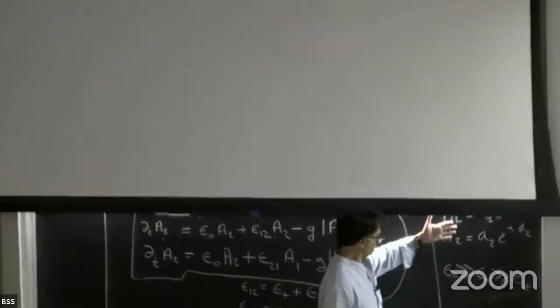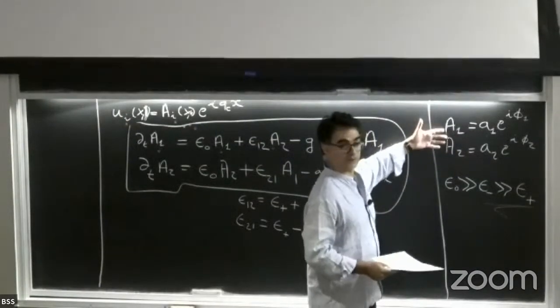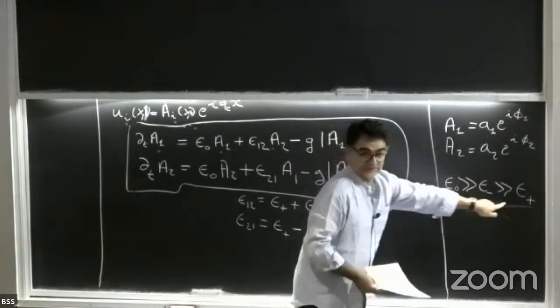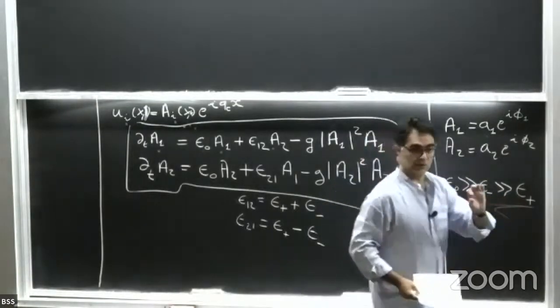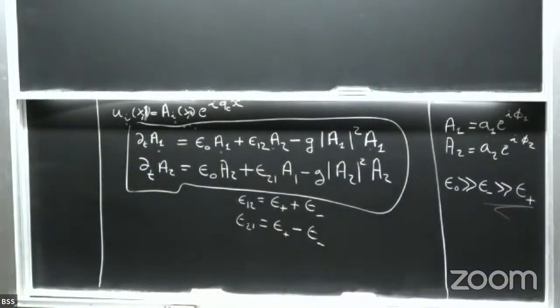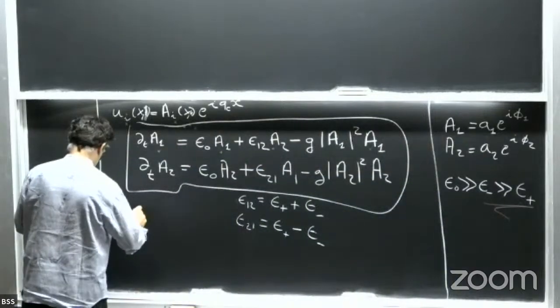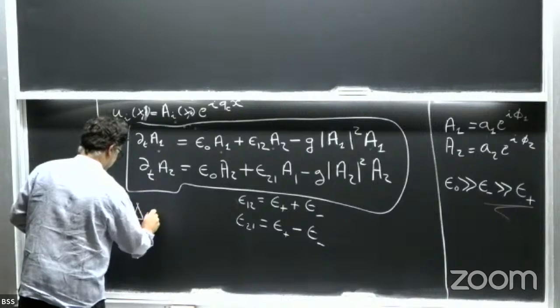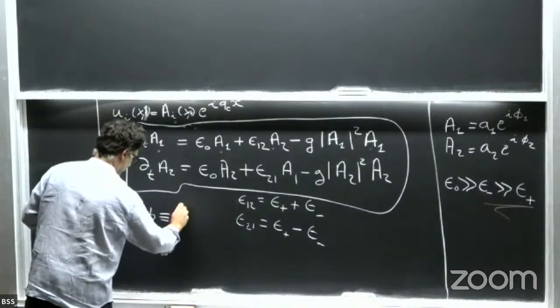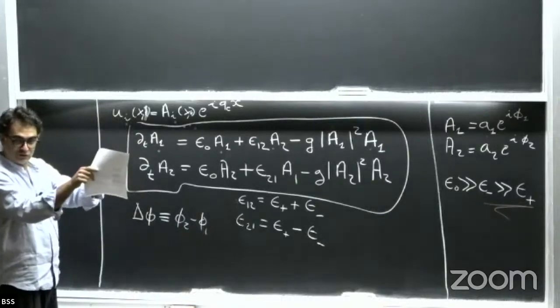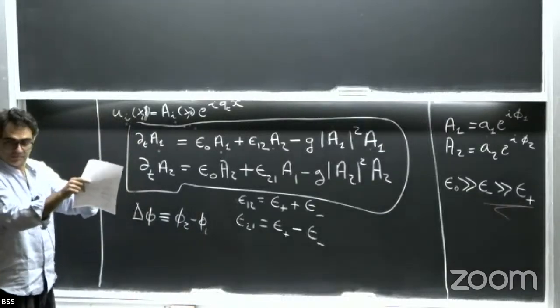So if we take these two ansatz, or these two expressions for A1 and A2, again, we substitute here, do a lot of algebra, take advantage of this condition, we can extract equations for two quantities that are crucial. The first quantity is defined as phi2 minus phi1. This tells us about the separation of those two patterns, the degree to which they're not on top of each other.